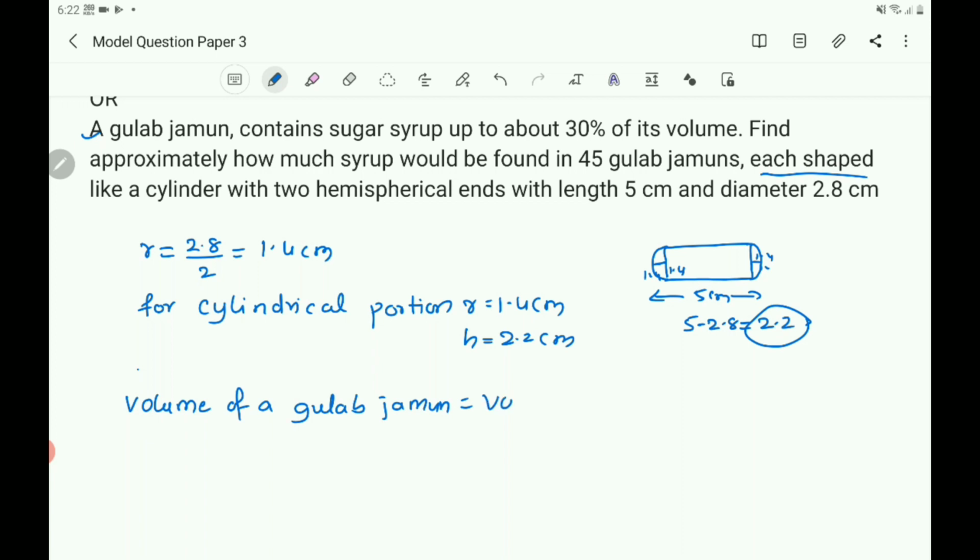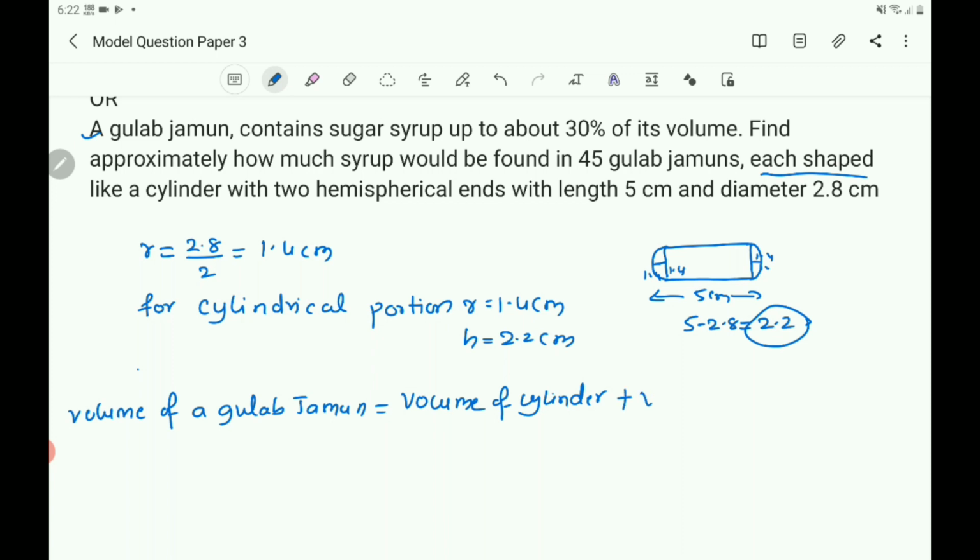Volume of a gulab jamun equals what? Volume of cylinder plus volume of hemispherical portion. 2 are there, so 2 into volume of hemisphere.